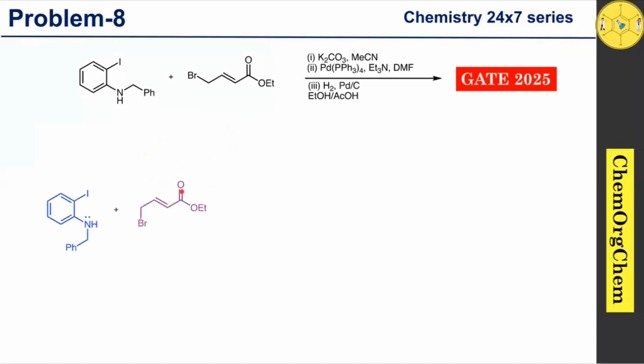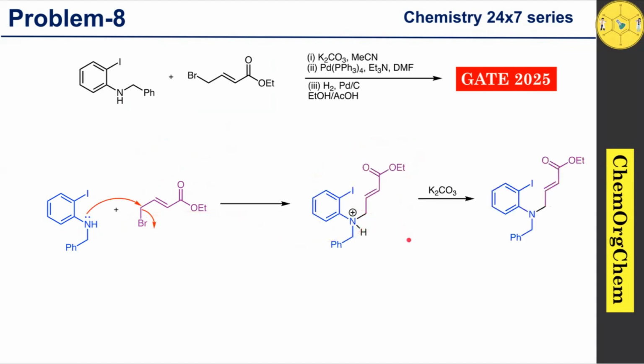Now you can see that this nitrogen lone pair of electrons readily attacks this carbon, which kicks off this bromine atom as Br minus, producing this intermediate. Now potassium carbonate readily abstracts this proton to produce this product. So this is the first product from our first step of the reaction.